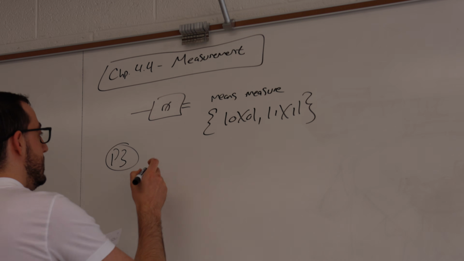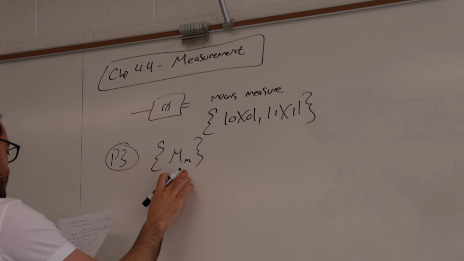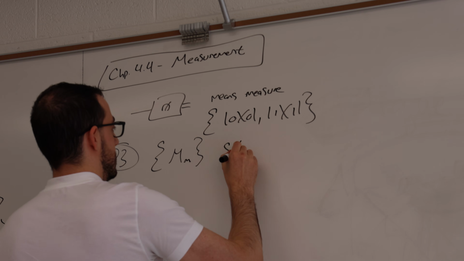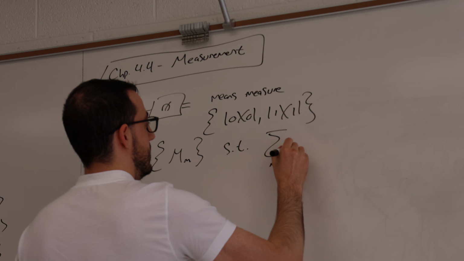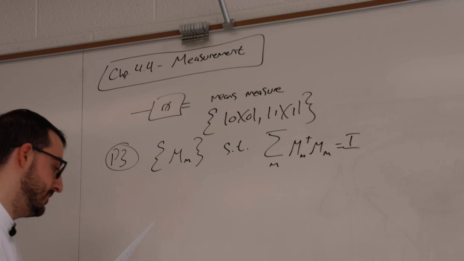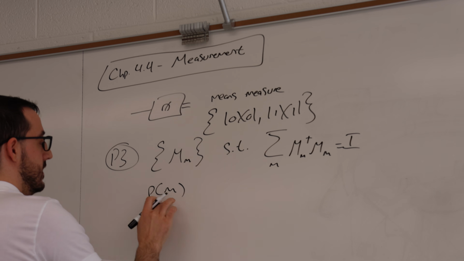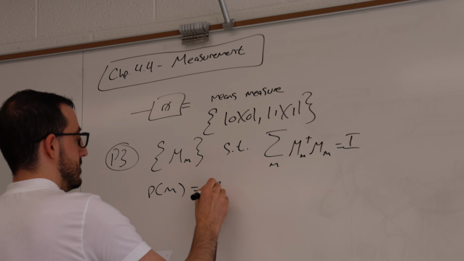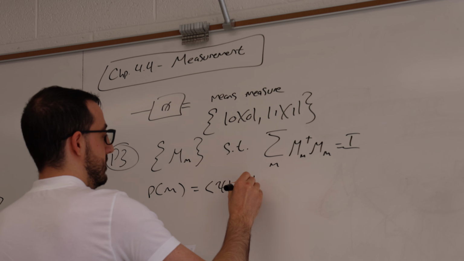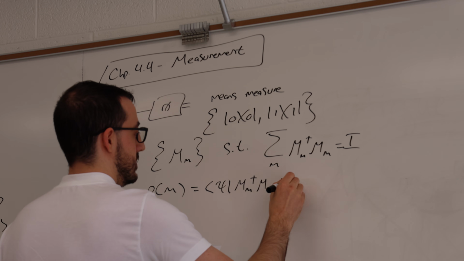So postulate 3 says that a measurement is defined by a collection of measurement operators, M sub m, such that the sum over m of M_m dagger M_m is equal to identity. The probability of getting outcome little m, always with respect to a state psi, is given by this equation, ⟨psi|M_m† M_m|psi⟩.